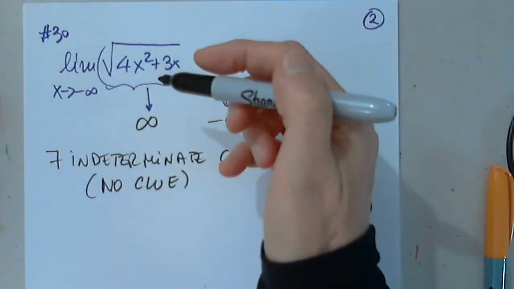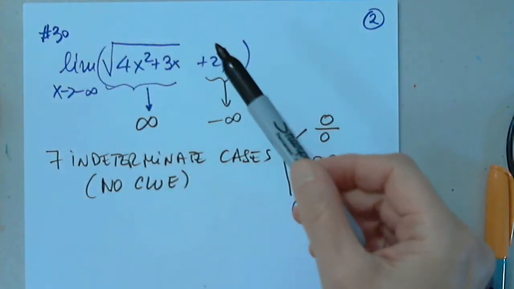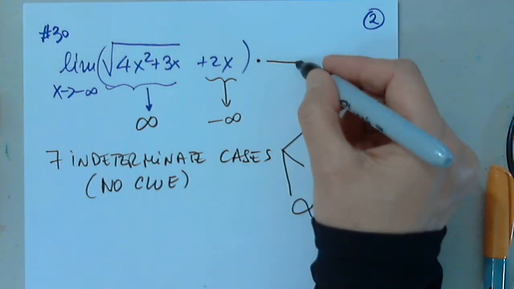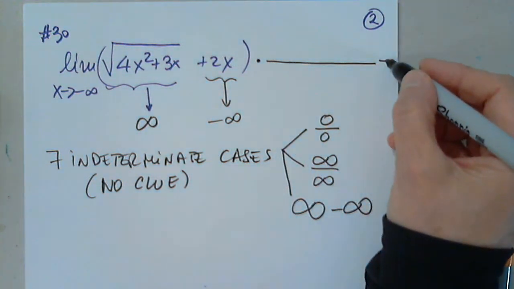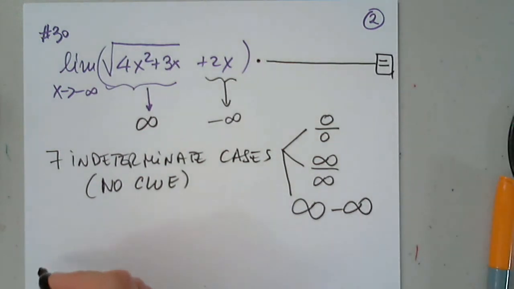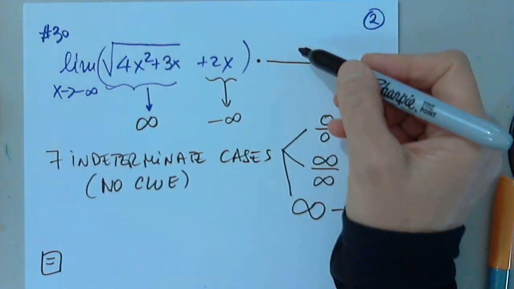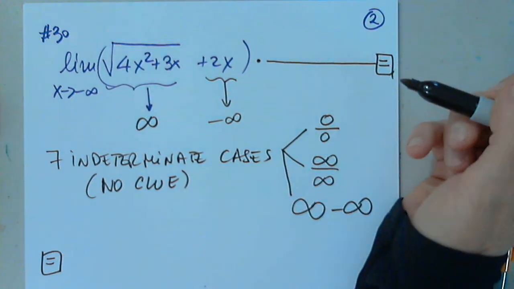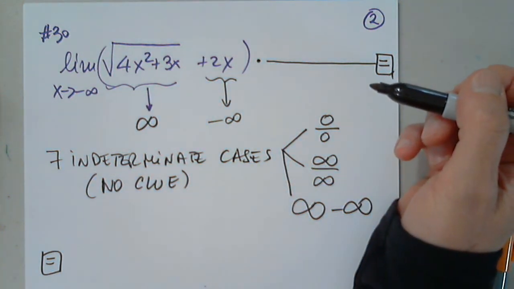What do you think? We have a radical plus a quantity. Here's my clue.